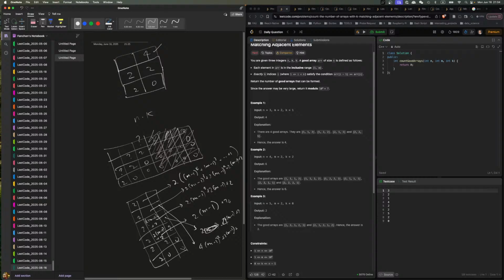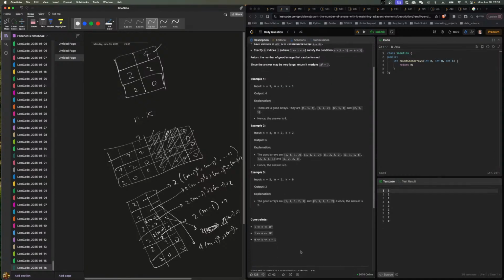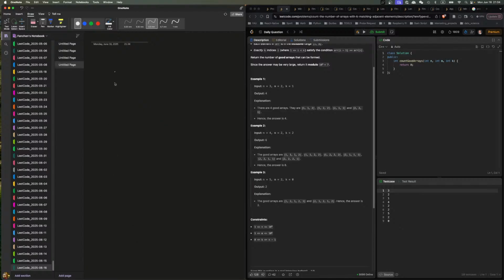Yeah, the constraints they didn't really say, the constraints are n times k, so that's what worries me, because k can be big. Now here's the thing, if we have 1, 2, 3, 4, I have 5 on the end, so k can only be 0, 1, 2, 3, 4.